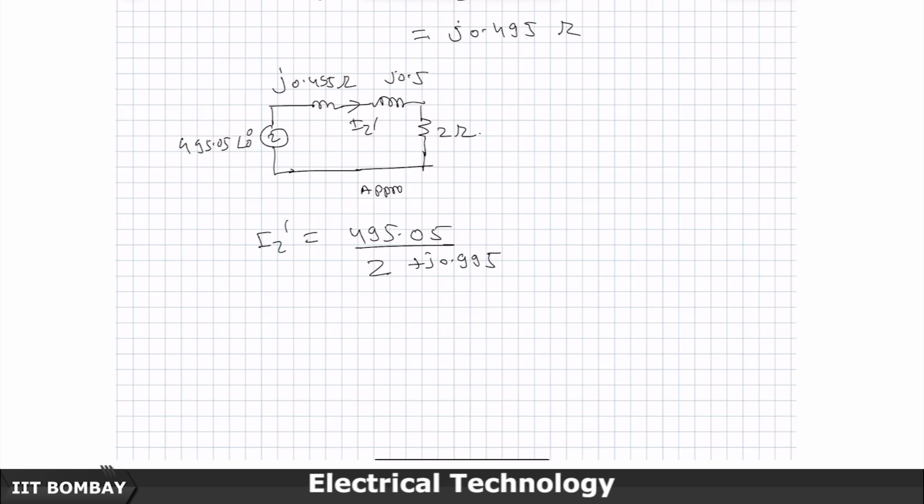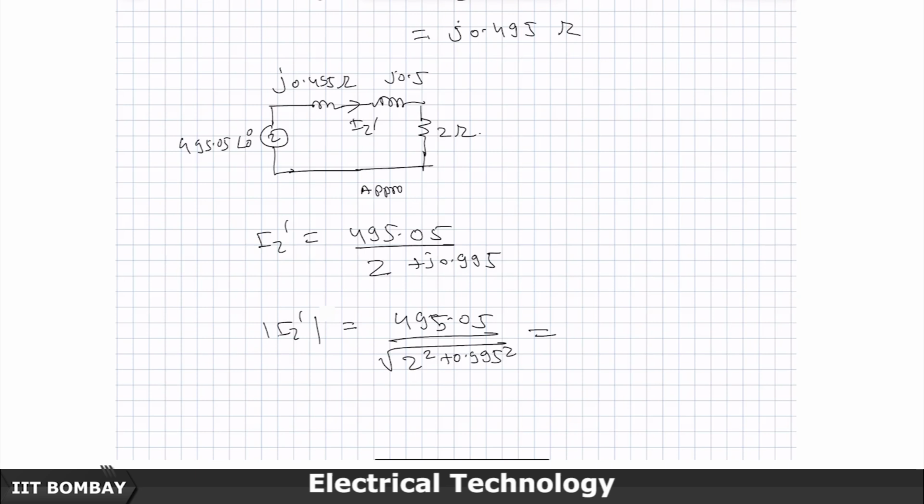So, I2 dash is going to be equal to 495.05 divided by square root of 2 squared plus 0.995 squared. So, this is what is going to be my I2 dash.